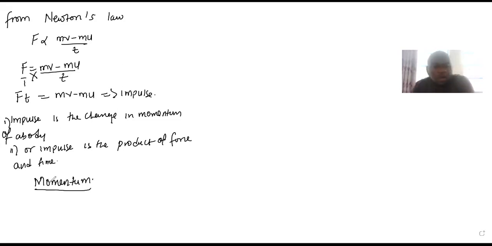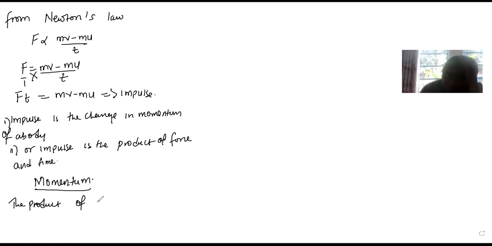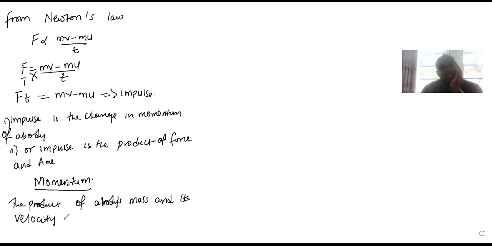If you recall, how do we define momentum from O level? Momentum is a product of force and the distance moved in the direction of the force. No, momentum is the product of the mass of a body and its velocity, in a straight line.